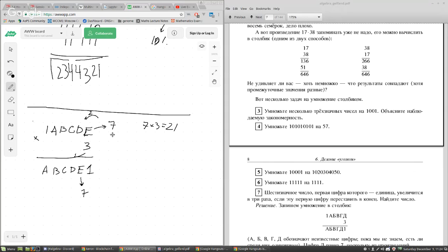So yeah, 7 times 3 is 21. We wrote the 1, we carried over the 2. Now, some digit here times 3 plus the carry, which is 2, is supposed to give me this E here. Right? So what could D possibly be? What digit do I know that when I multiply by 3, I'm going to get something, and then I add the carry, and the resulting rightmost digit, the units digit, is going to be a 7.